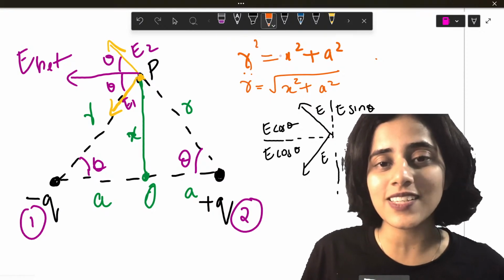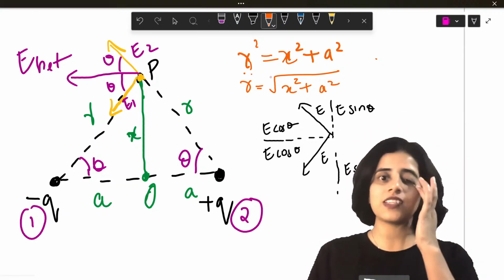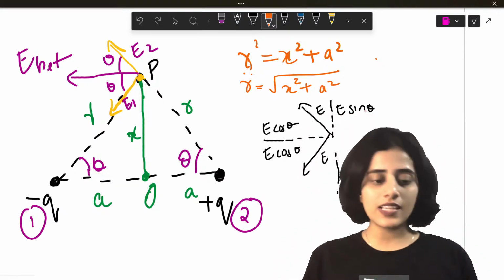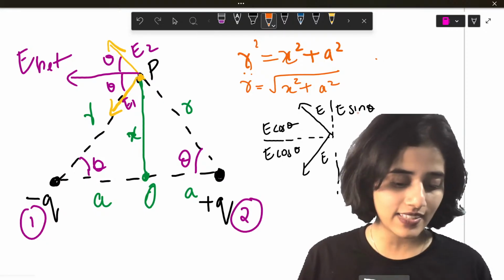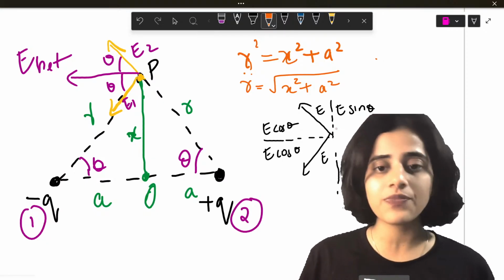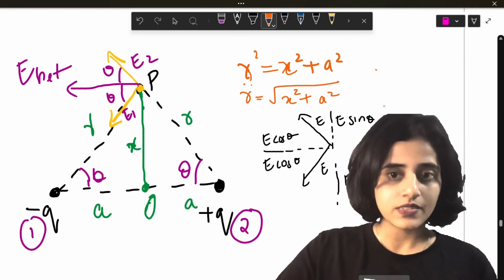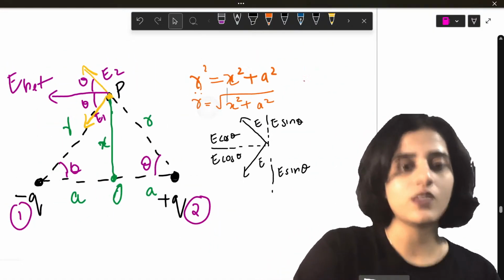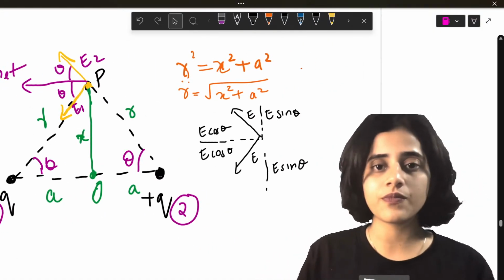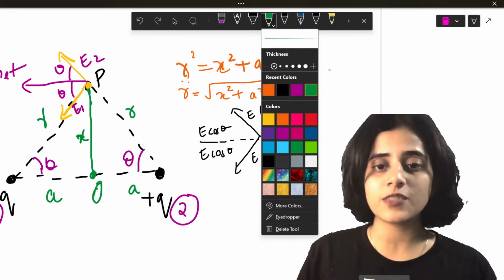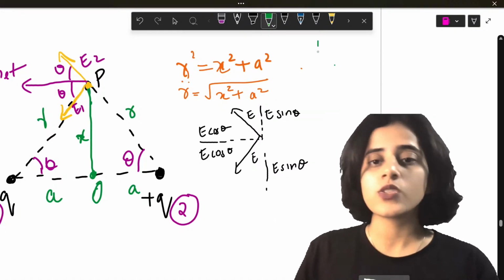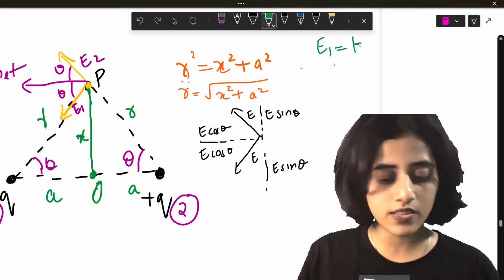R square is equal to x square plus a square. Now E sin theta and E sin theta will cancel. So the resultant will be E cos theta. Now let's write down whatever we need. Let's take green. Let's make it colorful. E1 is what?